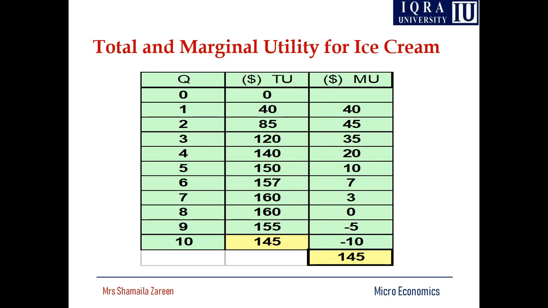On the 8th unit, total utility becomes maximum and marginal utility is zero. By consuming more and more, by the 9th and 10th unit of the commodity, total utility will fall by itself and marginal utility will become negative.